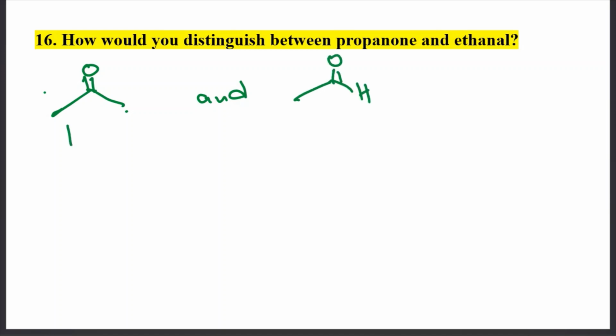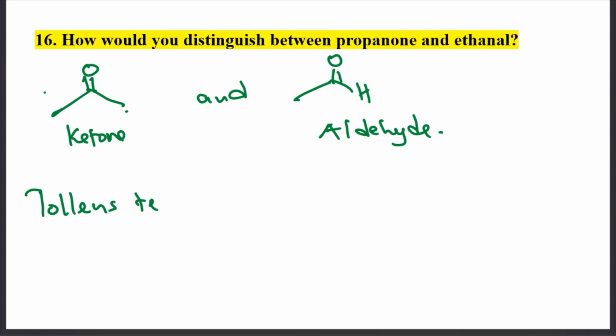So you know this is a ketone. This is an aldehyde. How you differentiate them is that you differentiate them using the Tollens test. So if this is A, this is B. The Tollens test for A will be positive.